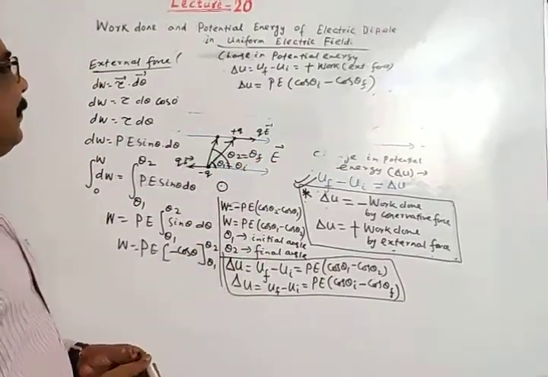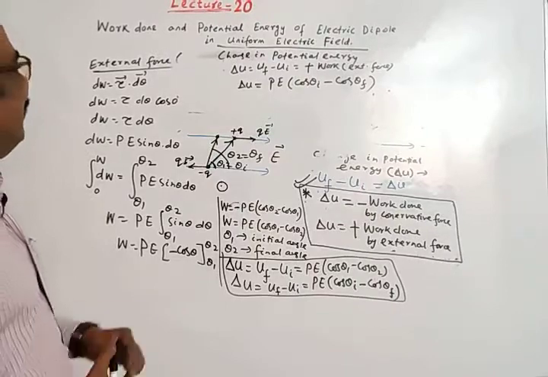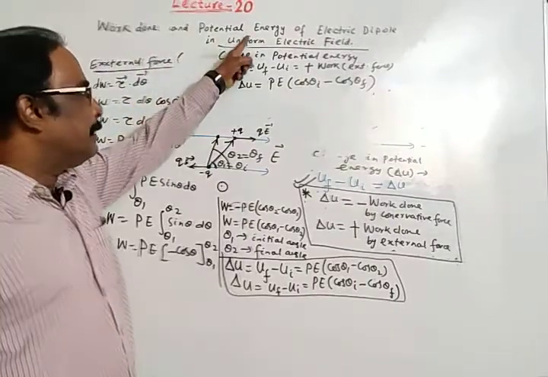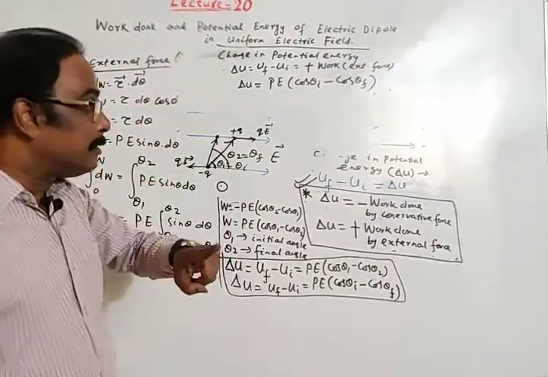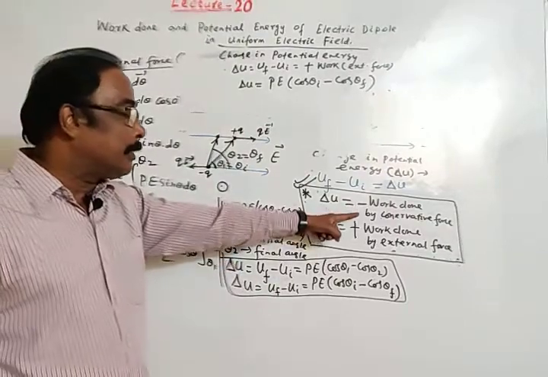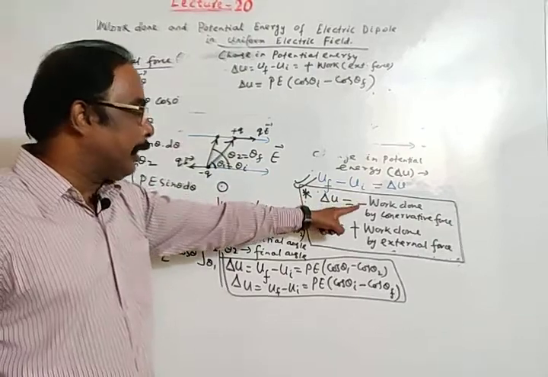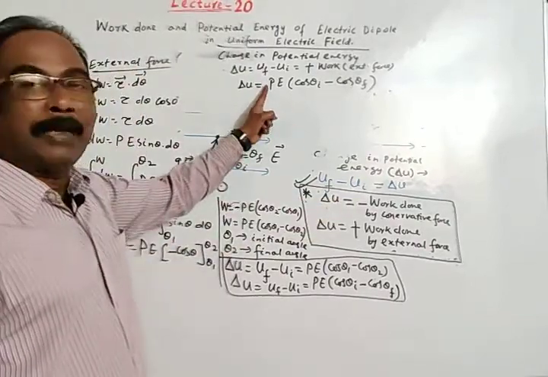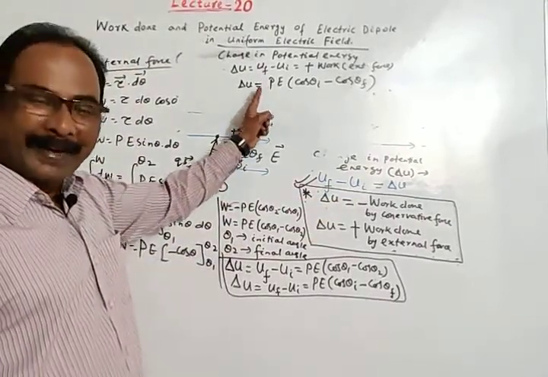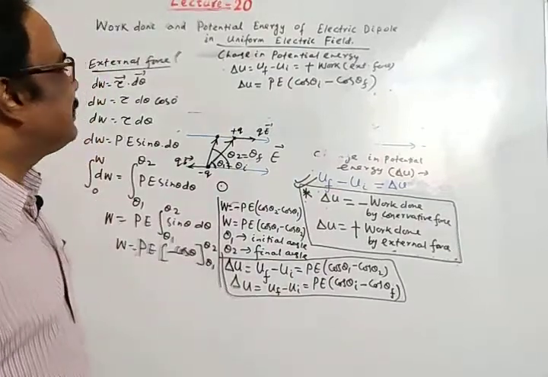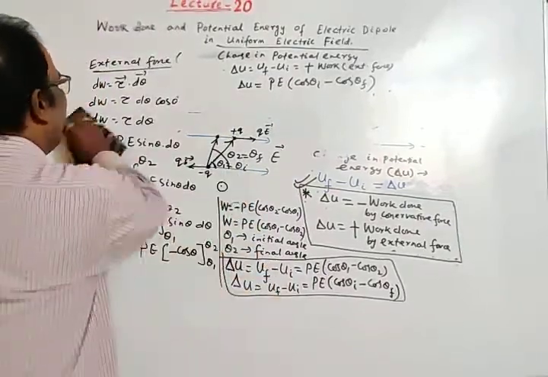Okay, then we'll discuss about work done, then potential energy. Must be remembered, if work is done by conservative force, then change in potential energy is negative of work done, means you will take it minus. Okay, then about potential energy.